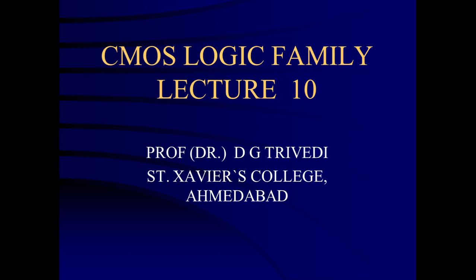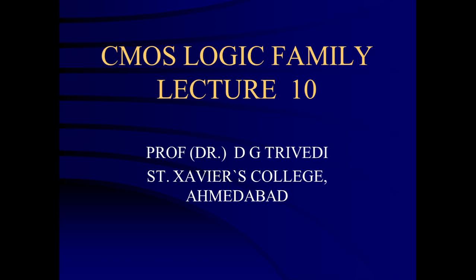So in a CMOS logic family, in the first lecture you have studied how to construct a NOR gate and NAND gate using CMOS inverters. And then we have studied the two important characteristics of the CMOS logic family, that is propagation delay time and power dissipation.